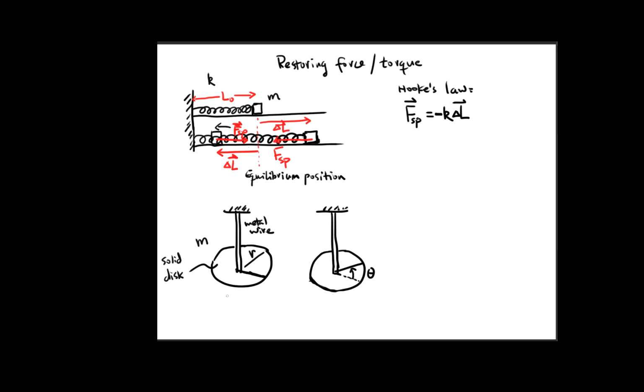And if we twist this disk by some angle, as shown in this picture, by angle theta, and then let go, then this solid disk will vibrate or oscillate back and forth between these two positions.